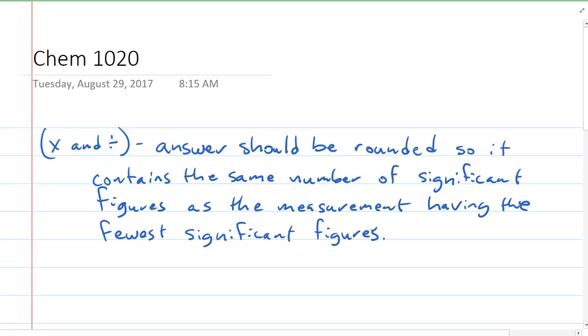Again, your answer should be rounded so it contains the same number of significant figures as the measurement having the fewest significant figures.